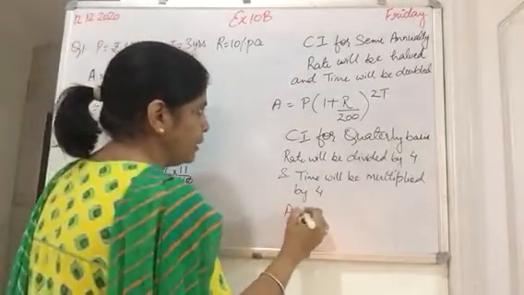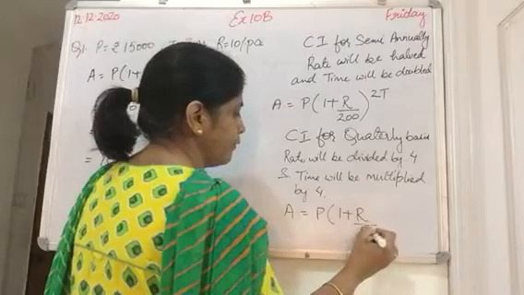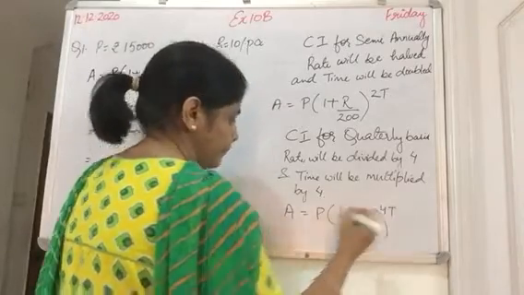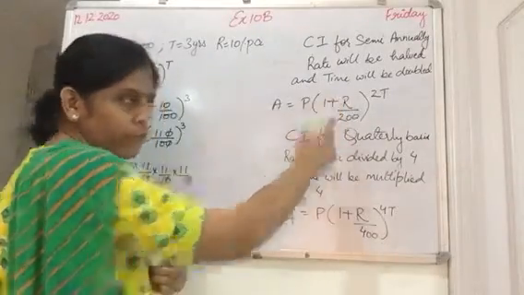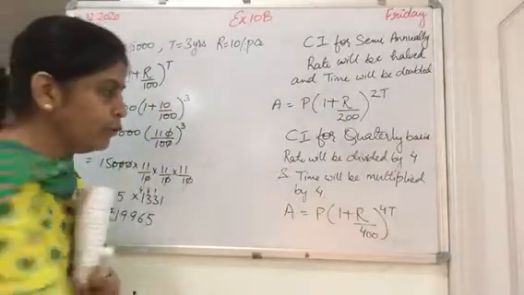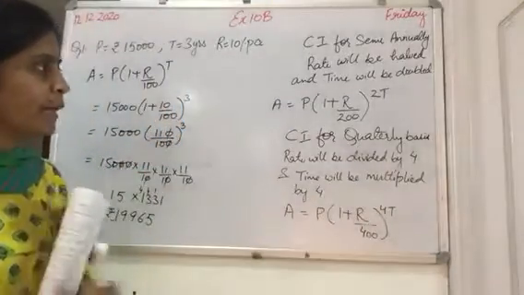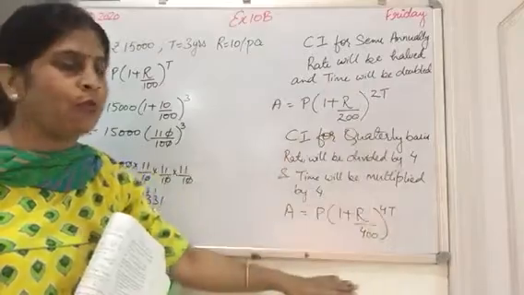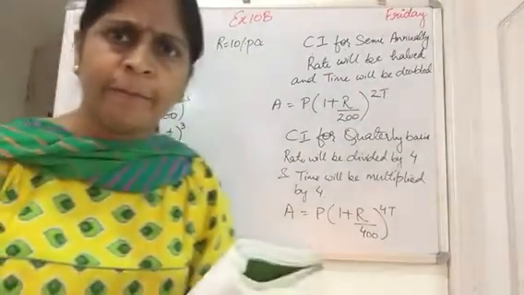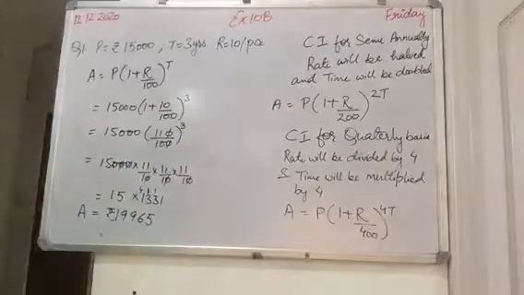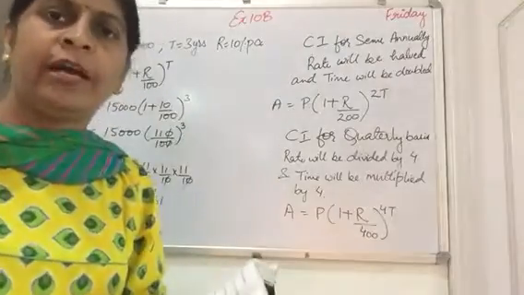So amount will be P(1 + R/400). Now when you take the LCM, it is 400 plus rate. Clear? But I suggest it is better not to do this; use this formula, and from the beginning only convert it. Yes? Now let's do question number 3 in my next video.